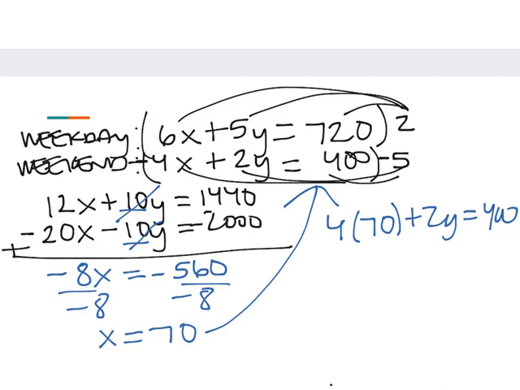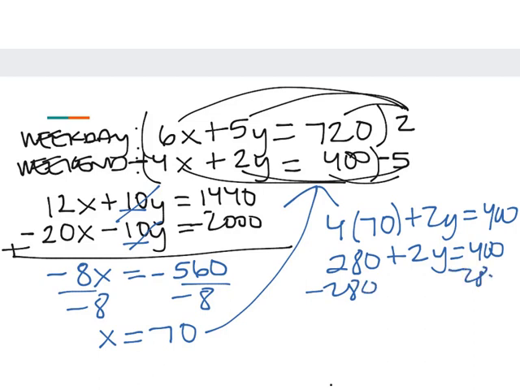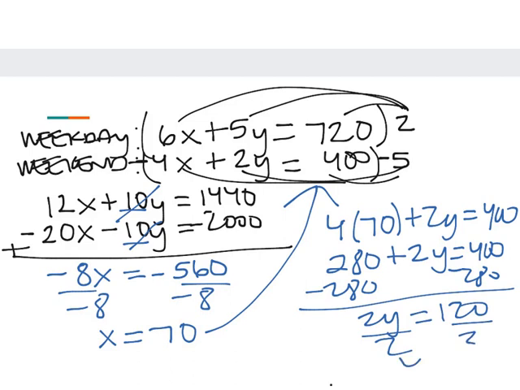Now I'm going to subtract 280, and I have 2y equals 120. We divide that by 2, and we get y equals 60.